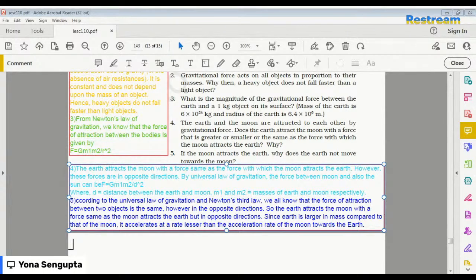Since the earth is larger in mass compared to the moon, it accelerates at a rate lesser than the acceleration of the moon towards the earth. Therefore, for this reason, the earth does not move towards the moon.